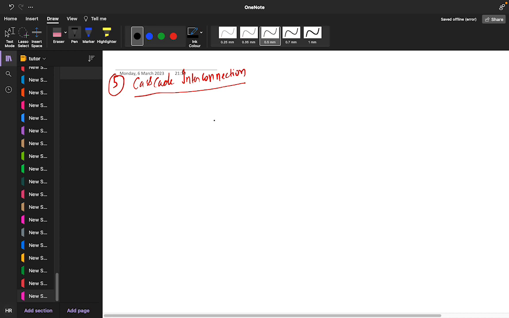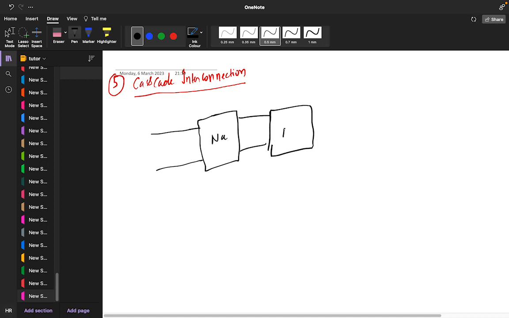So for cascade, we have two networks, like a train, like a train network. NA is there, NB is here.